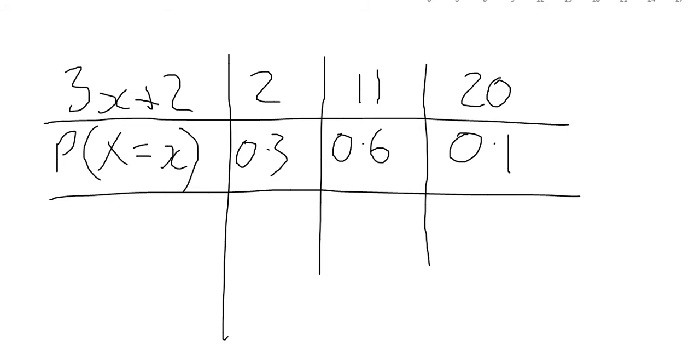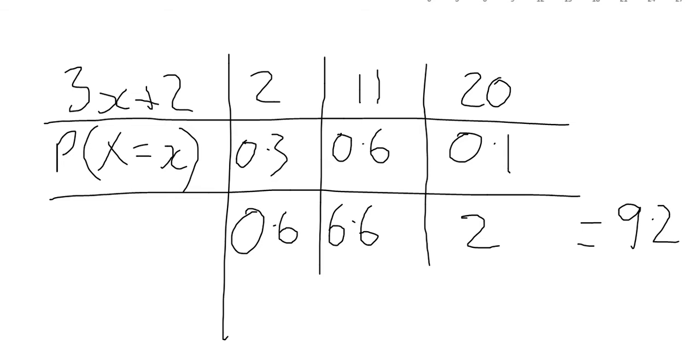So we've got 0.6, 6.6, and 2. We add them up, and sure enough, it's come out to 9.2. Now our E of x squared: 1.2, 72.6 and 40.